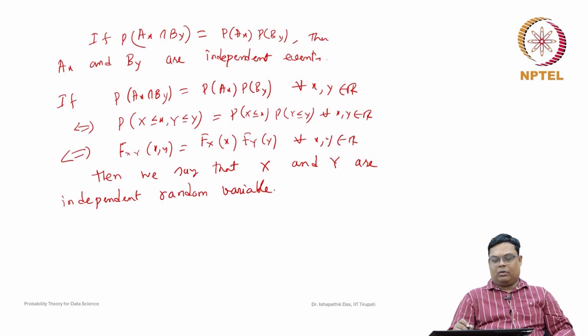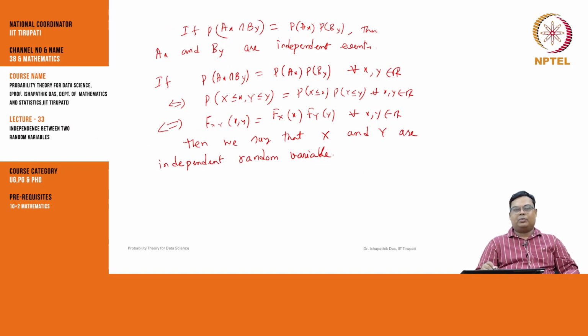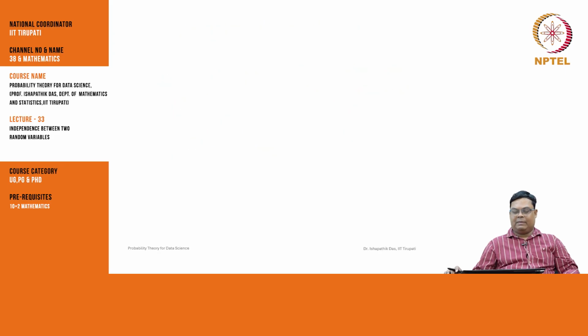So, whenever you can write the joint cumulative distribution function as a product of the marginal cumulative distribution functions, then X and Y are said to be independent random variables. So, this is the definition.